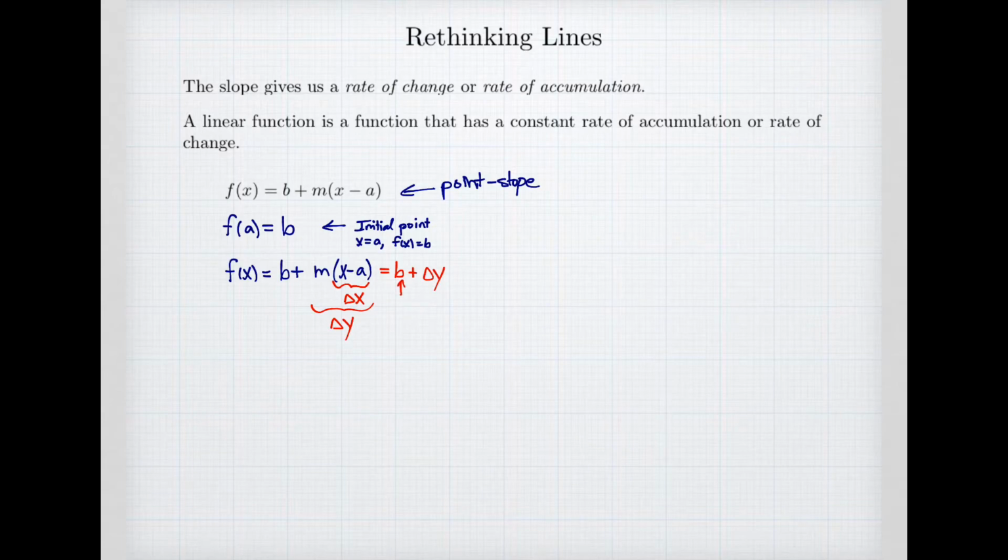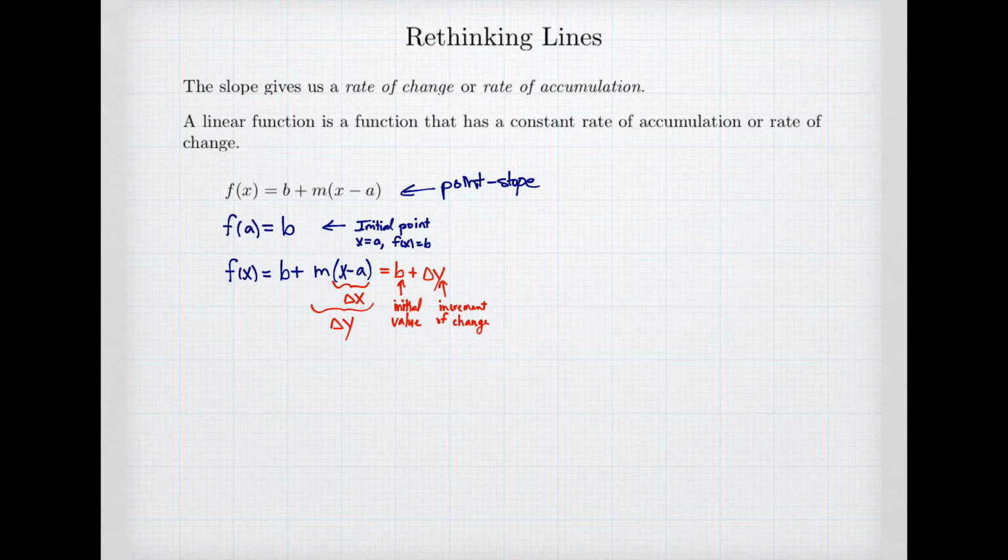So, let me write that down. It's our initial value, and the m times x minus a represents an increment of change. The delta x is how much x changes. The slope times delta x is how much the output changes, the delta y. Okay.